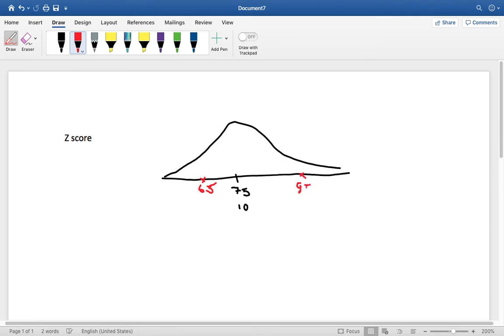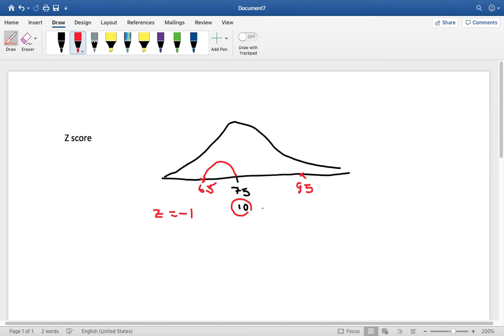The z-score for a student is how many standard deviations they are above or below the mean. In this case, this student is 10 points, which is exactly one standard deviation below the mean. And because it's below, we put a negative: 1 standard deviation below.